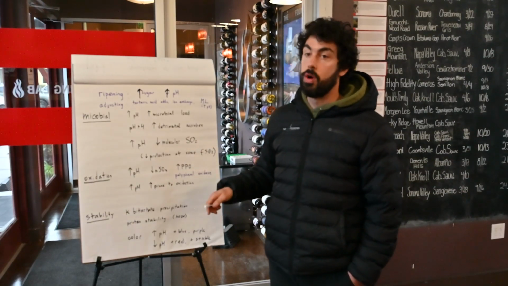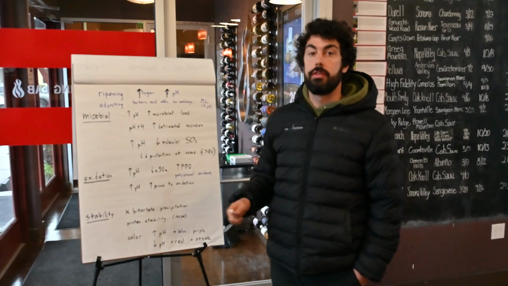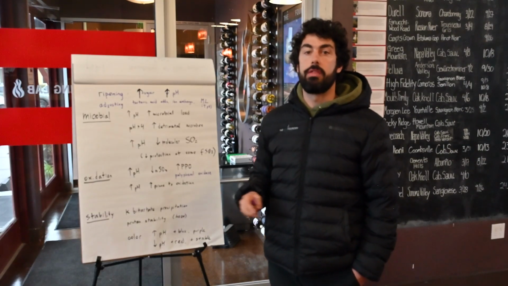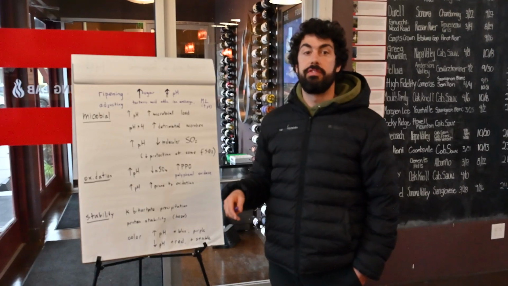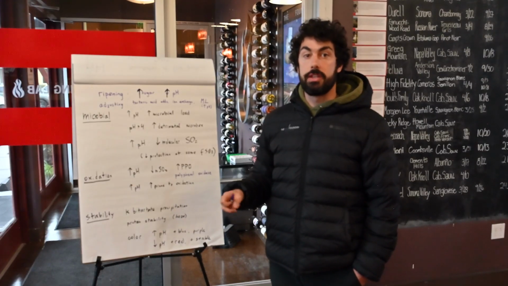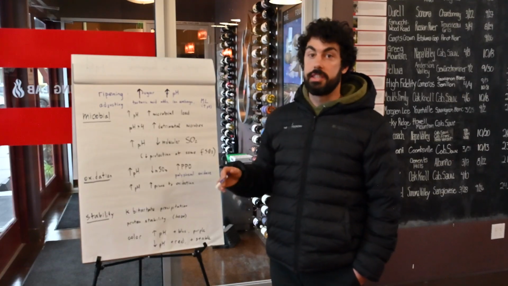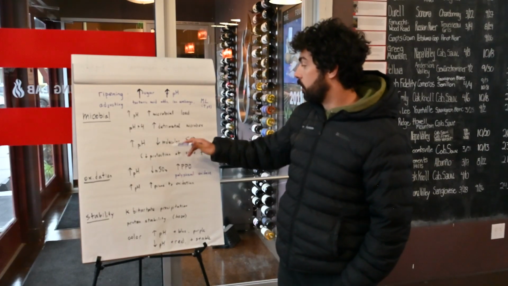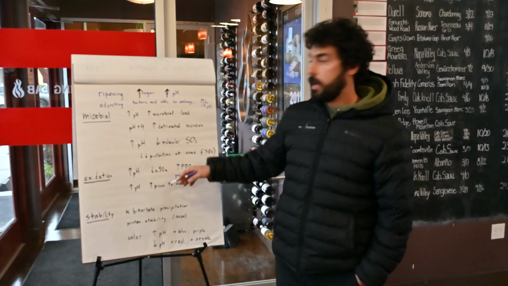So if we have two wines at a free sulfur level of 35 parts per million, but one has a pH of 3.3 and another one has a pH of 4, the one at 3.3 is going to be much more protected than the one at pH 4, even at the same level of free sulfur, because that free sulfur is more in the molecular form at lower pHs.